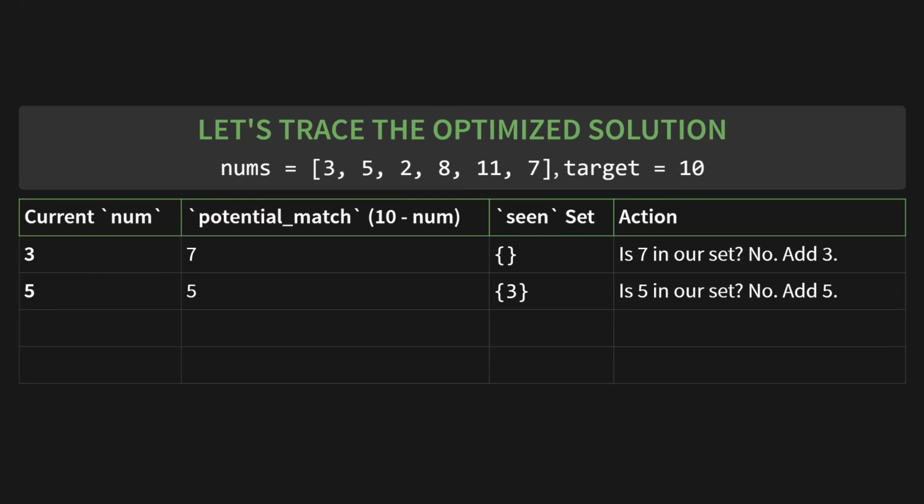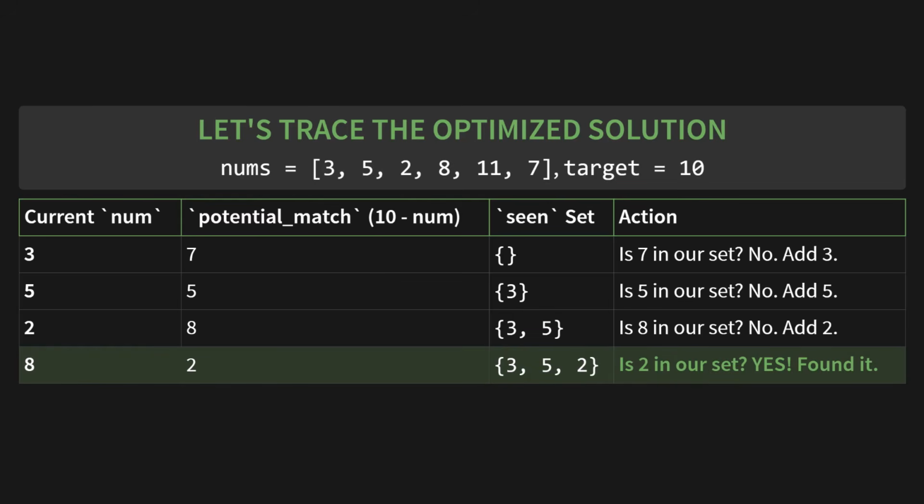Now for the number 2. The potential match is 10 minus 2, which is 8. The seen set contains 3 and 5. Is 8 in the set? Still no, so we add 2. And here's where the magic happens. Our current number is 8. The potential match is 10 minus 8, which is 2.